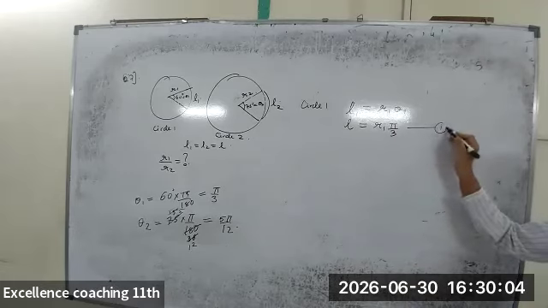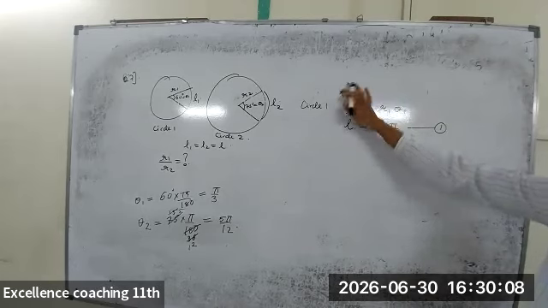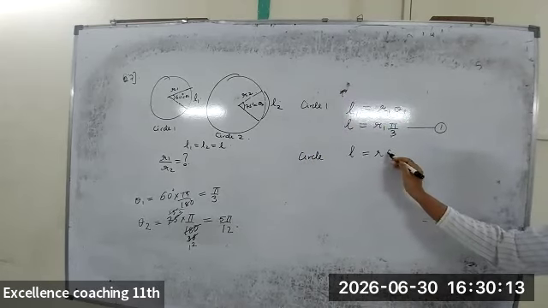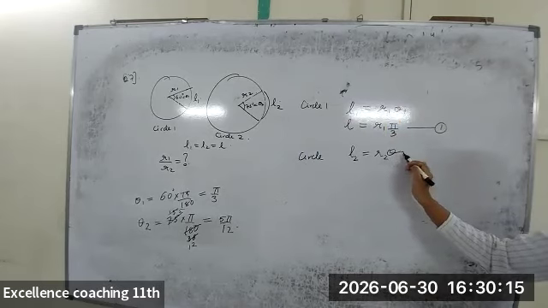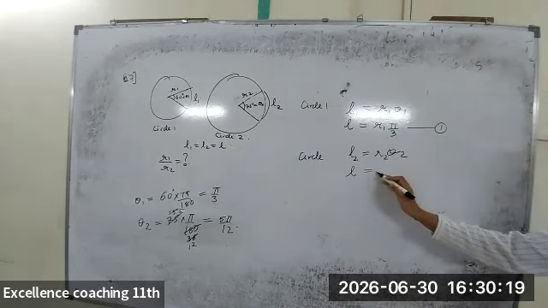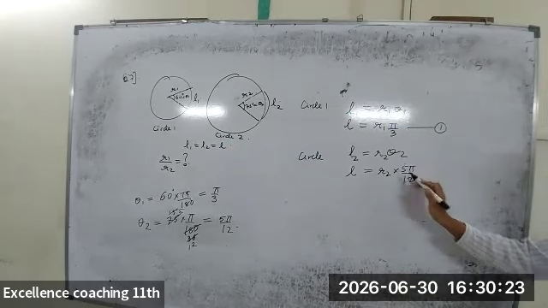Mark this as equation 1. Now circle 2, write the same formula but with 2. L2 is also the same as L, R2 we don't know, theta 2 is 5 pi by 12.